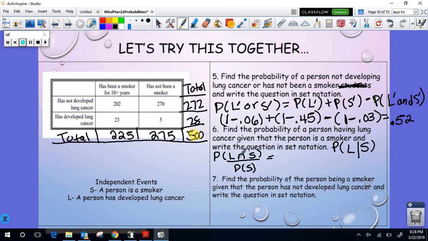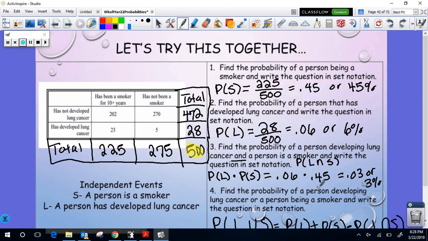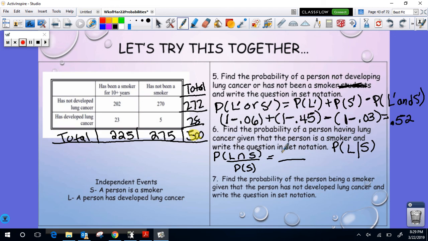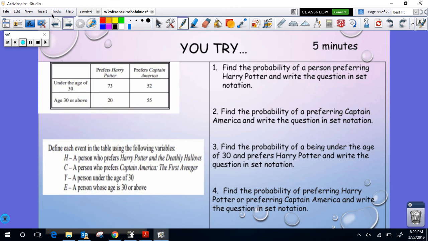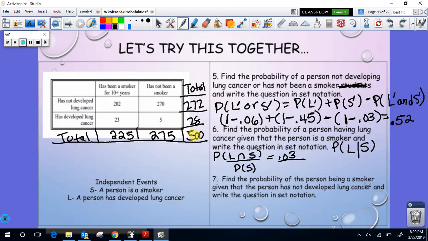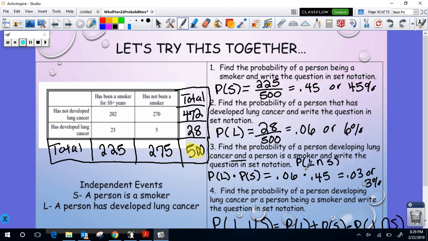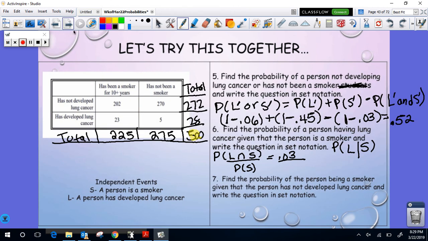So here we just need the probability of having lung cancer and a smoker over the probability of being a smoker. I'm going to look at the other probabilities because we already calculated that. The probability of having lung cancer and a smoker is 0.03 over the probability of being a smoker, which we already calculated, 0.45.